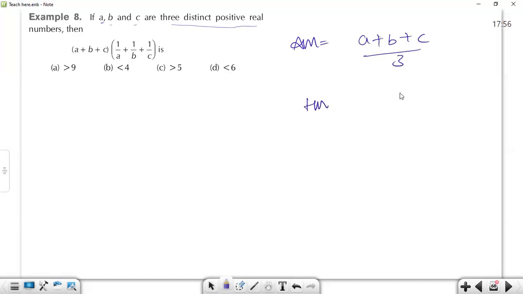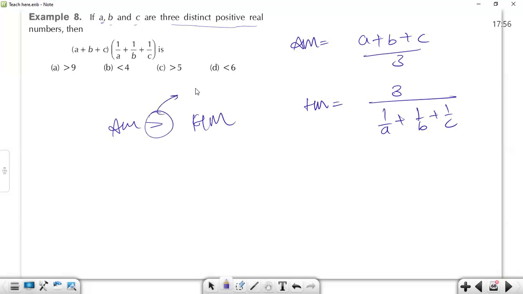And the harmonic mean will be 3 upon 1 by A plus 1 by B plus 1 by C. So we know the arithmetic mean is greater than the harmonic mean if they are different. Yes, they are different in this case. Distinct positive real numbers is the given condition.